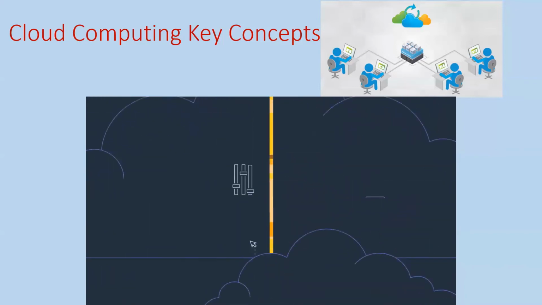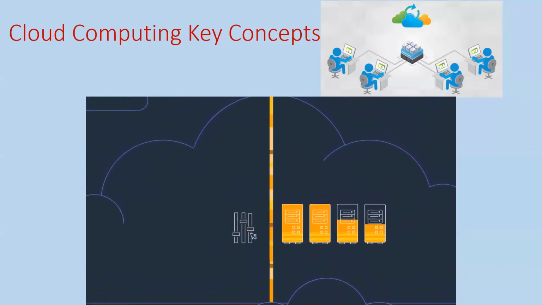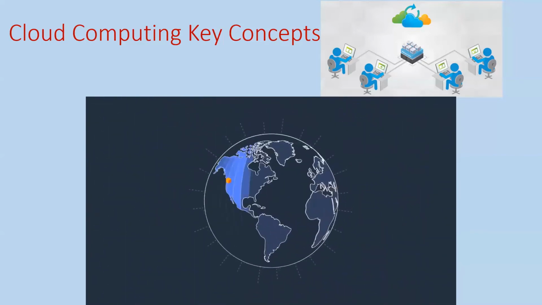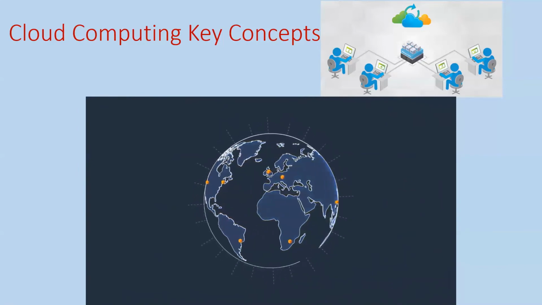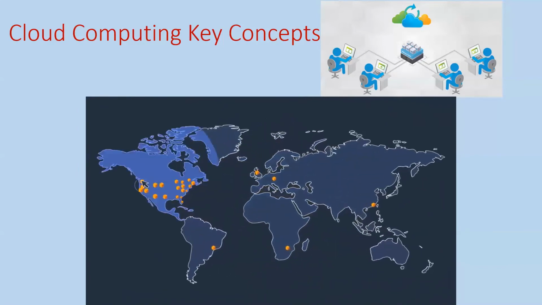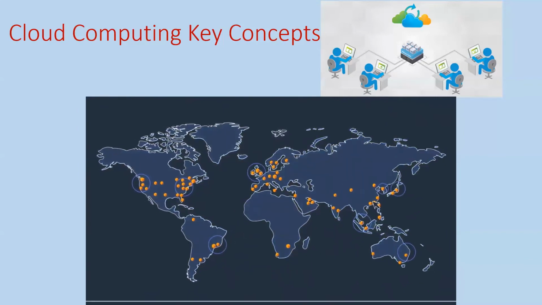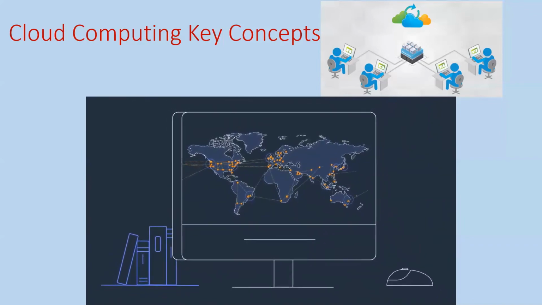Instead, you can benefit from pay-as-you-go subscriptions from cloud vendors like Azure, Amazon and Google around the globe. Moreover, you can scale resources up and down to grow and shrink capacity instantly as your business needs change.